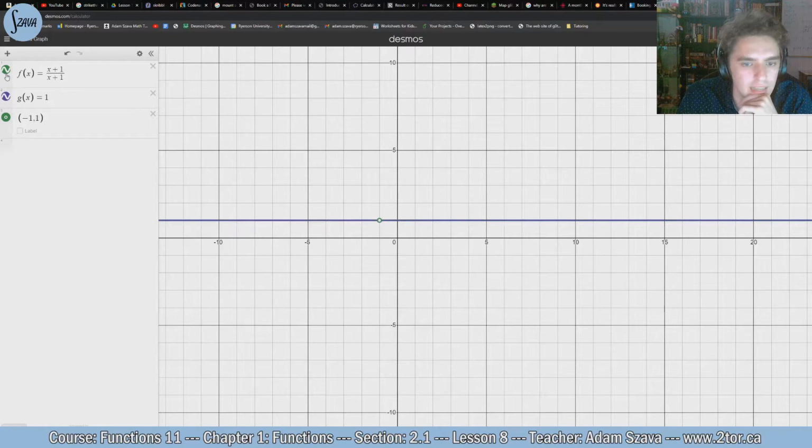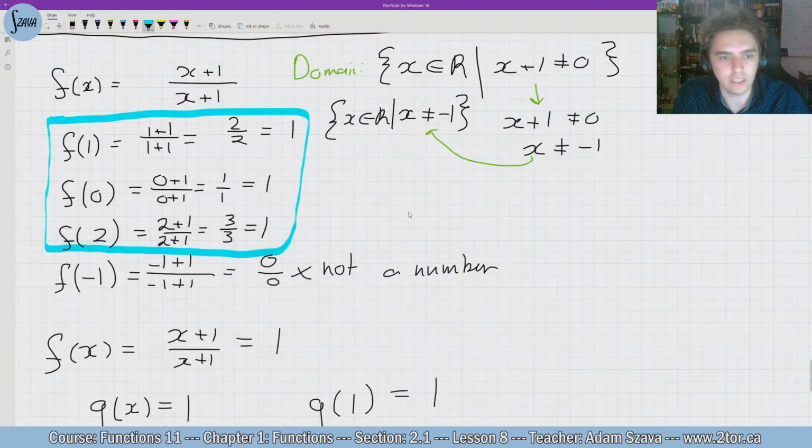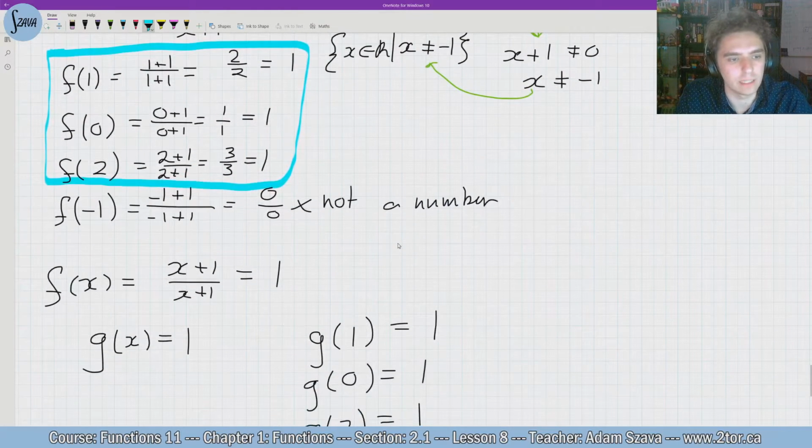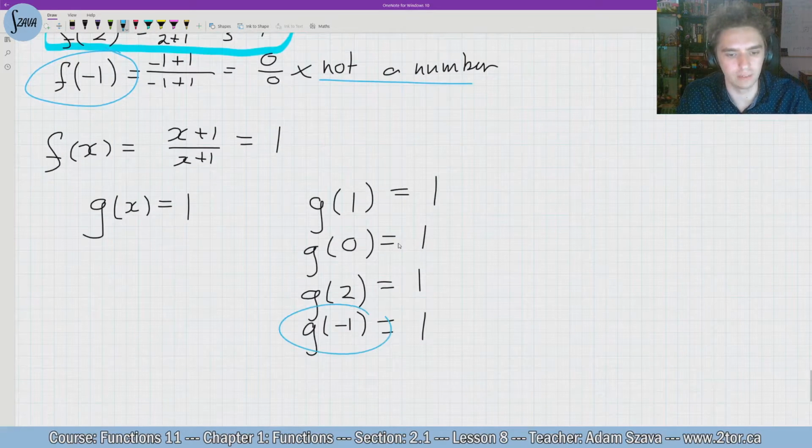But g of x does not have this problem. G of x equals 1 does have a value when x is negative 1, and that's 1. So you see, f of x and g of x are not exactly equivalent, because f of negative 1 is not a number. G of negative 1 is 1.